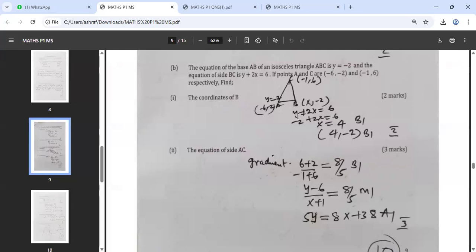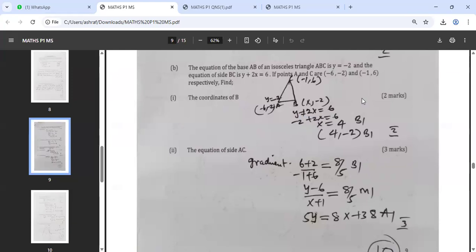So where there is y in BC, we substitute -2 and then solve. We are getting our x to be 4. So the coordinates of B will be (4, -2).